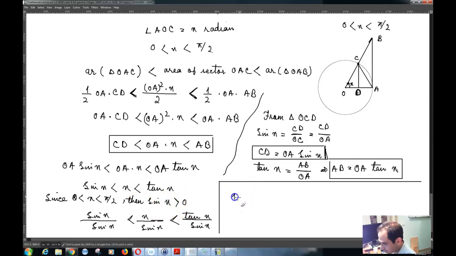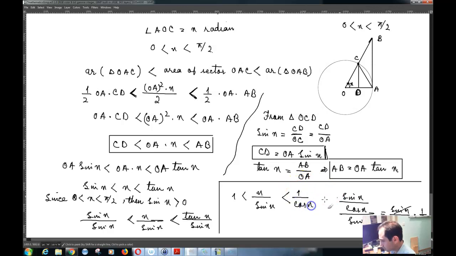So now that is 1 is less than x divided by sine x is less than, now tan x by sine x is basically sine x by cos x divided by sine x, which is equal to sine x by cos x times 1 by sine x. Then you can cancel these two out and you'll get 1 divided by cos x. So that is 1 divided by cos x.